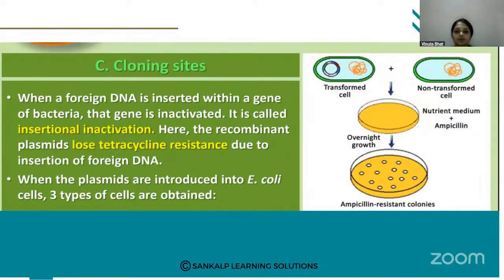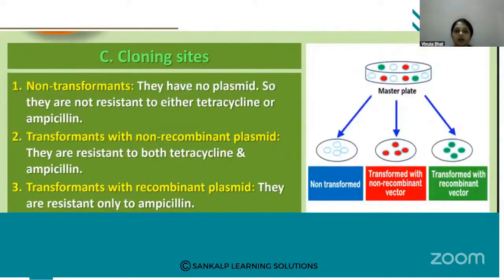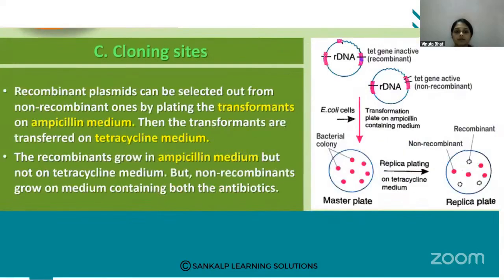We can obtain the transformed and non-transformed bacteria by using this clone. This is how transformed bacteria and non-transformed bacteria are recognized in the medium. The transformed bacteria, which have the recombinant DNA, are able to grow.